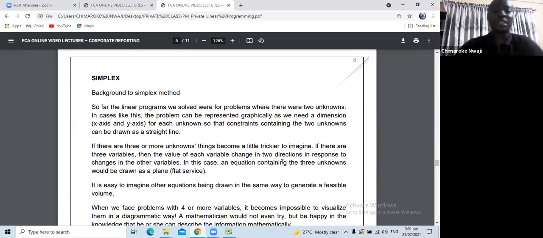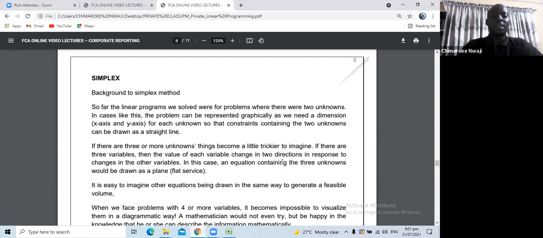Now, what is the simplex method? Okay, pay attention to what we are going to be doing in the simplex method, because it is sometimes difficult for students to understand. Let's look at the background to the simplex method.